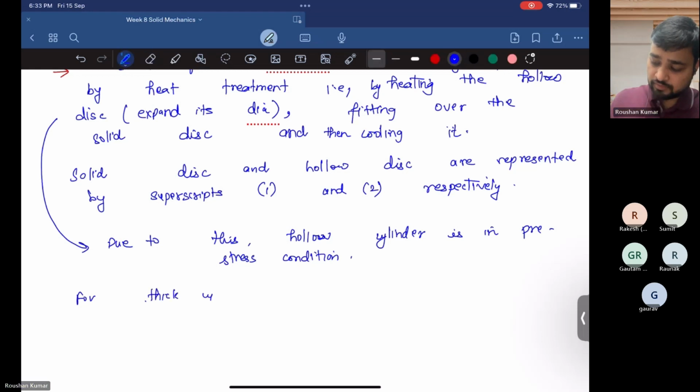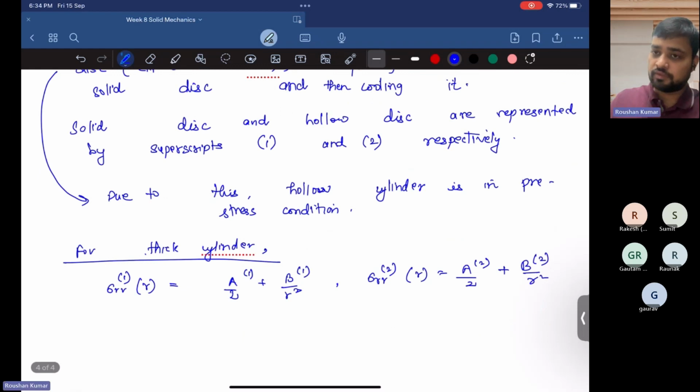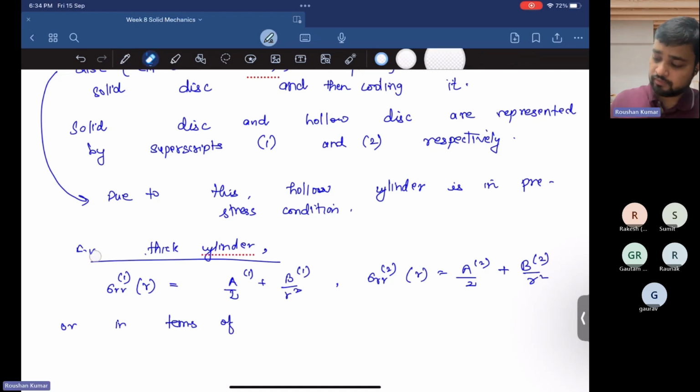So for the thick cylinder, we have already derived sigma r at 1, that means at the solid disk, in terms of r, given by a by 2 at 1 plus b at 1 by r square, and sigma r acting on the hollow cylinder is given by a by 2 plus b by r square, where a and b are constants.